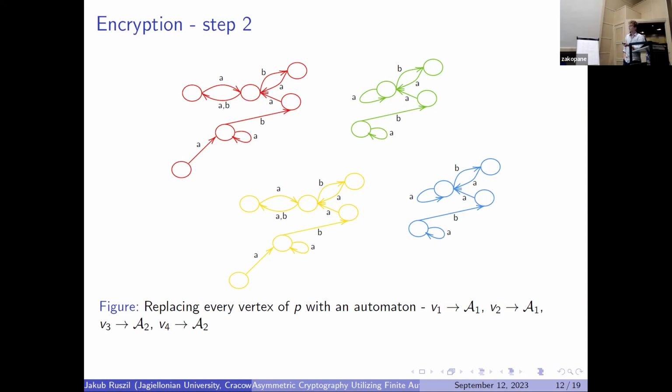But it's actually whatever we want, it doesn't matter which of them is which. The green automaton represents V1, the yellow automaton represents V2, the green automaton represents V3, and the blue automaton represents V4.